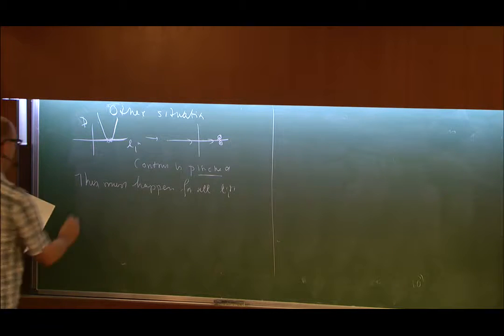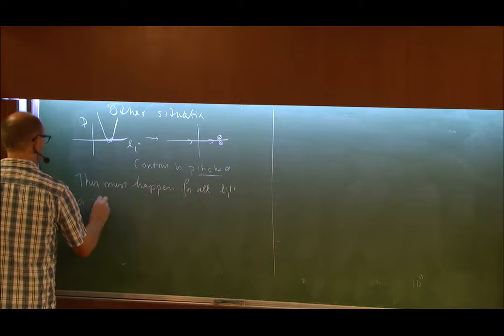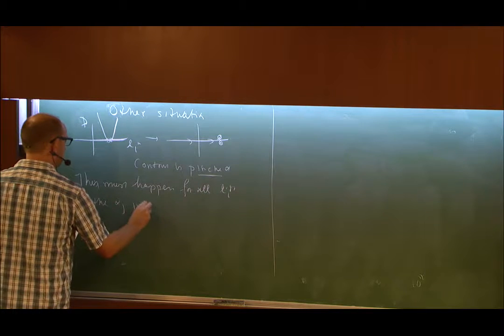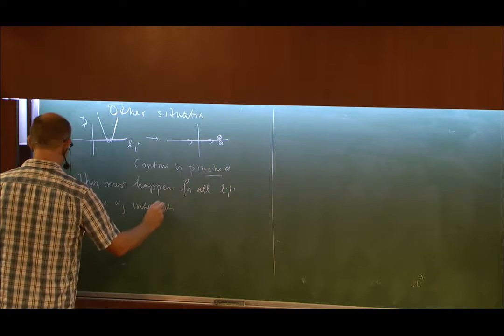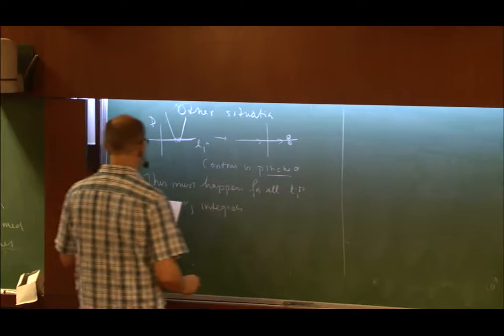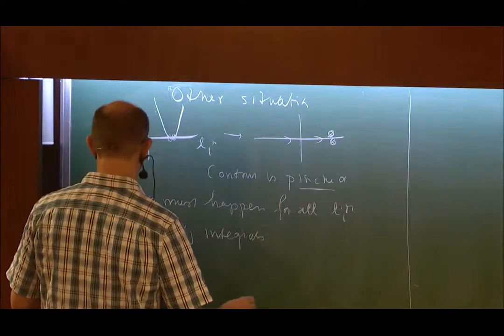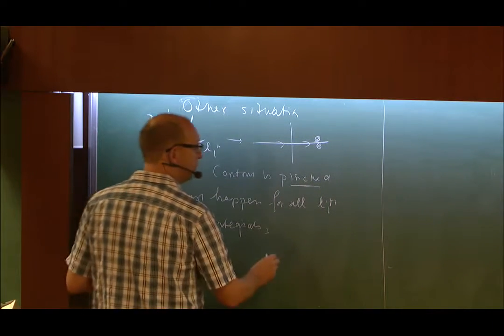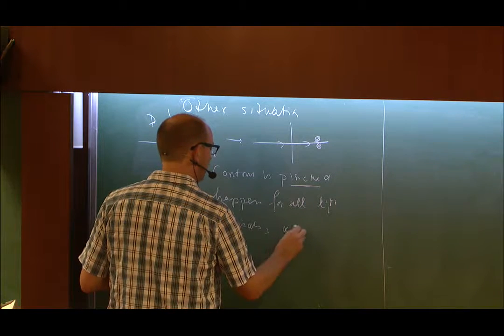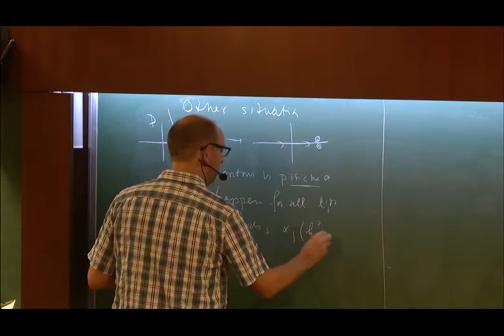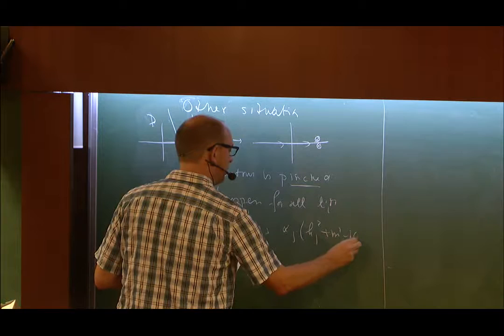For the alpha j intervals, they occur via alpha j times kj squared plus m squared minus i epsilon.